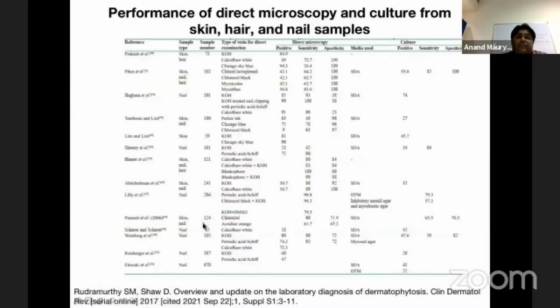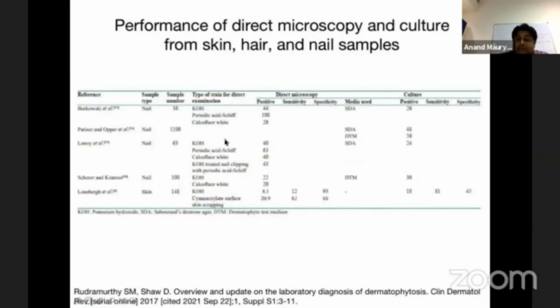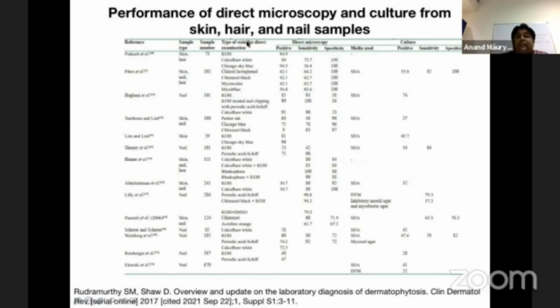Now, there is a very good research paper, an overall update of the laboratory diagnosis of dermatophytes. There is a very good table. In this, the direct microscopy and culture from the skin, hair, and nail samples are given.